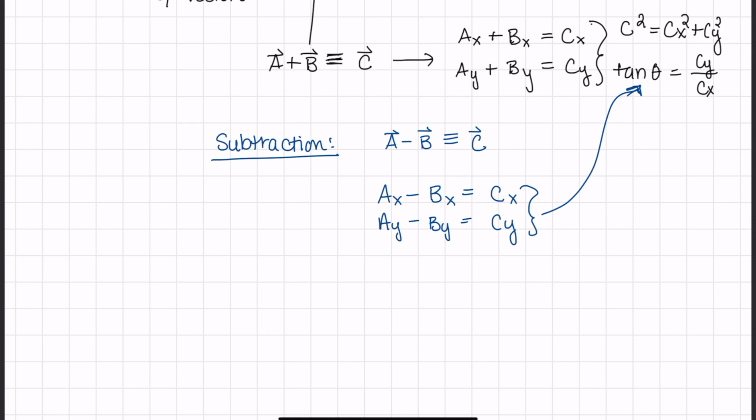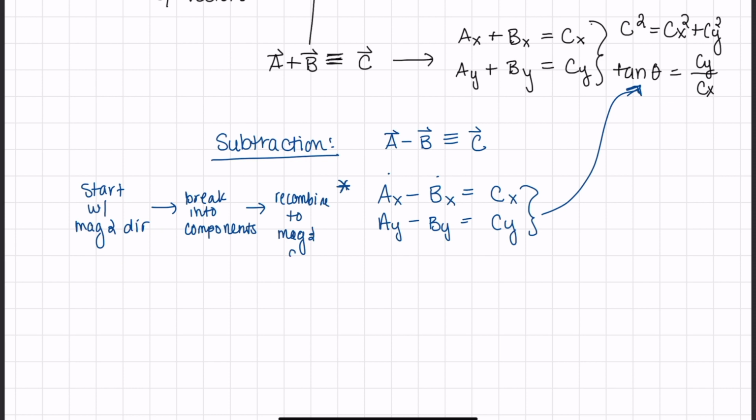And I guess I'll also make a side note. It's very common for them to give you the magnitude and directions of A and B, so that way you have to get them into components. It's very common in general for you to start with a vector, or start with magnitude and direction, break into components, and then go back to recombine, I guess I'll call it, to magnitude and direction.